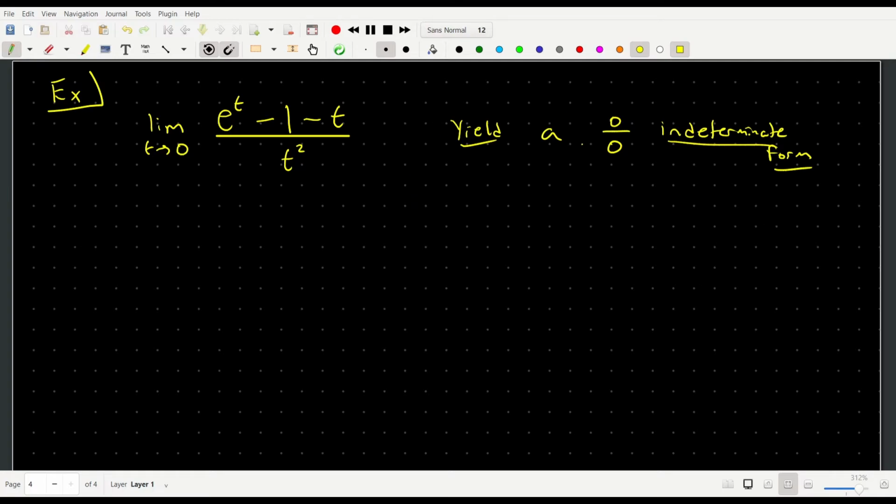This is a 0 over 0 because the numerator goes to e to the 0 minus 1 minus 0, which is 1 minus 1 minus 0, or 0, and the denominator goes to 0 squared, which is also 0. So this is why it yields a 0 over 0 indeterminate form.